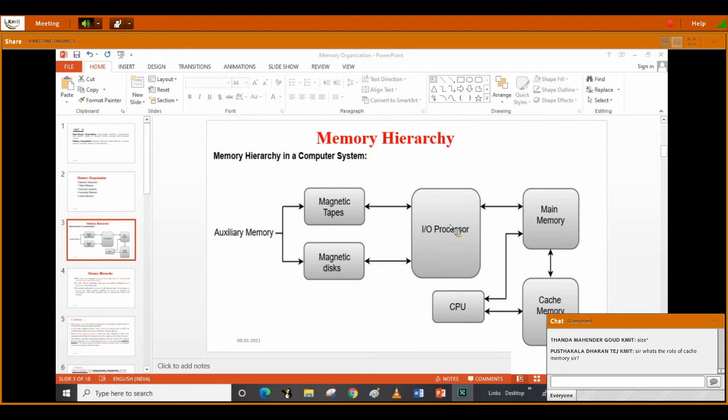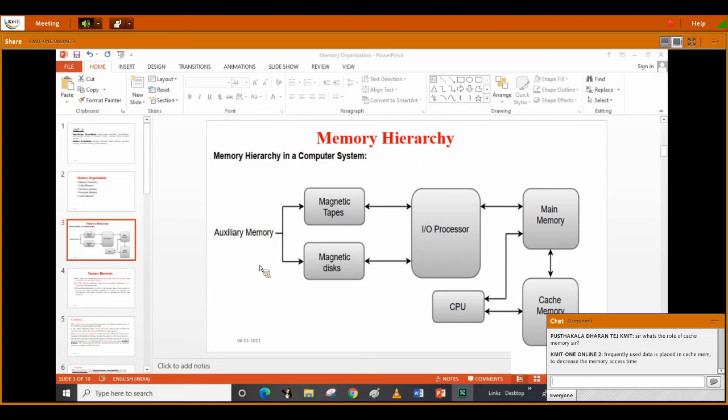Now let's talk about the properties of memory. Here there are mainly three properties. What are the three properties? One is storage capacity, another is cost per bit, and the third is access speed. These are the three properties of memory.